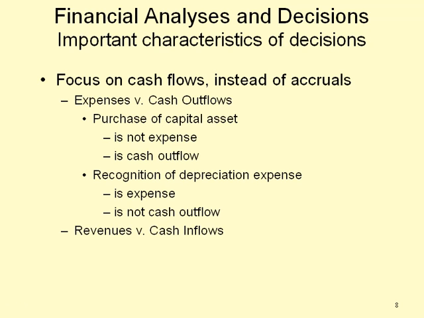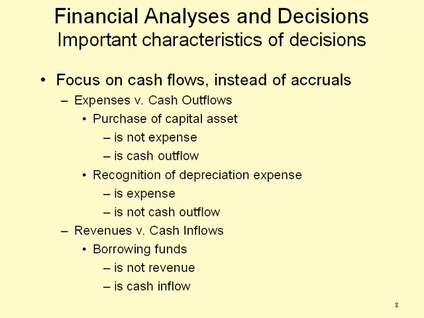Let's also distinguish revenues and cash inflows. A good example is when the firm borrows funds from lenders. When it does so, there's no recognition of revenues into the firm. Rather, there is a significant cash inflow as the firm sells bonds to the public or borrows in another way, let's say takes out a mortgage at a bank, but there's no revenue.